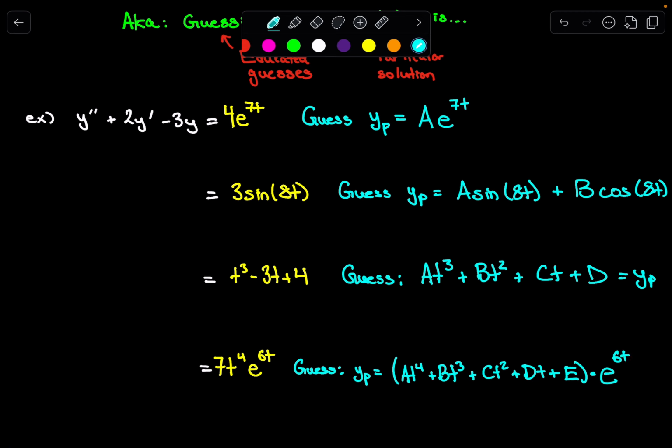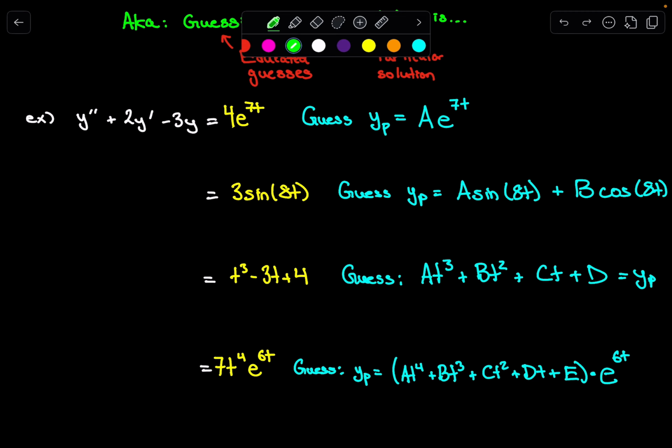You might notice there's no f in front of the e to the 6t, because any constant I put there would just multiply in with all these constants and create new constants anyway. So I don't need another coefficient in front of that e term. We already have this long polynomial there.